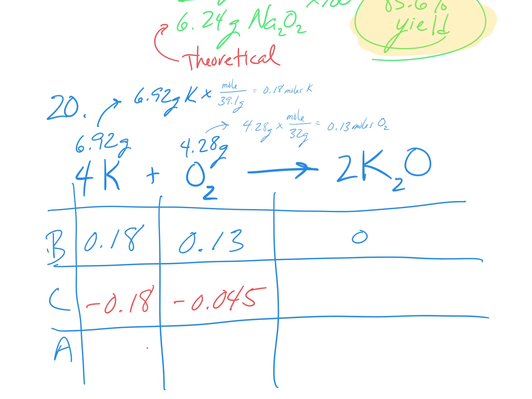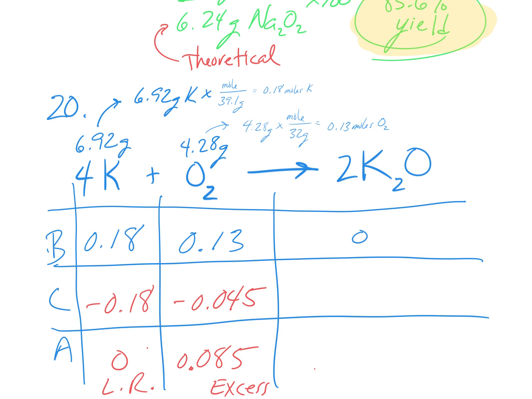And if I run the math on this, that's going to be 0 left over of potassium. And then 0.13 minus 0.045 equals 0.085. This is excess. This is the limiting reactant.